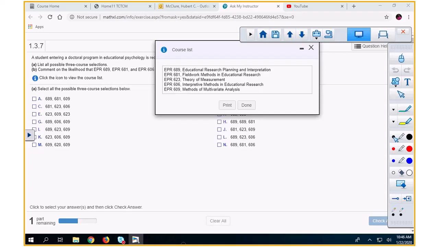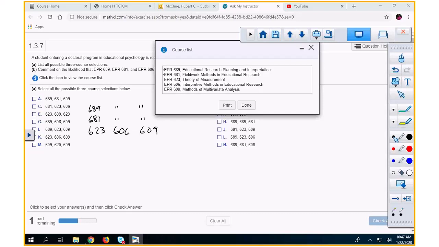Now you may have some overlaps, but that's when you deduce, and that's what these lists are for. So I'm going to go 689, 681, and I'm going to use these 2, and then that'd be 623, and then I'm going to do 606 and 609. Everybody with me? And you can just put quotation marks there. And I just did that first set.